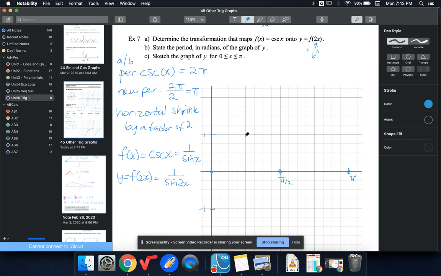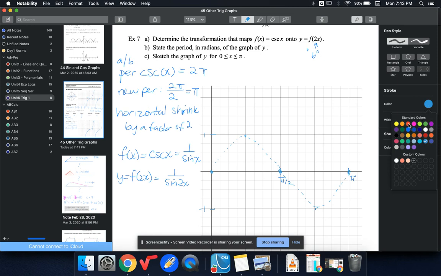So I would come up to 1, down to -1. So that's what sine of 2x would look like. And I want to know that to help me draw 1 over sine of 2x, which was what I've been asked for, because I want y equals f of 2x, so 1 over sine of 2x.